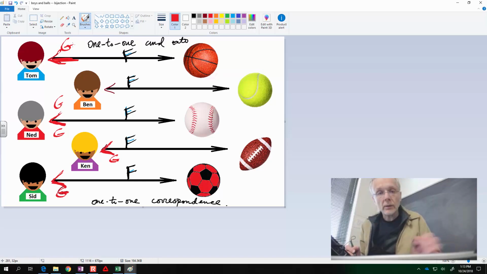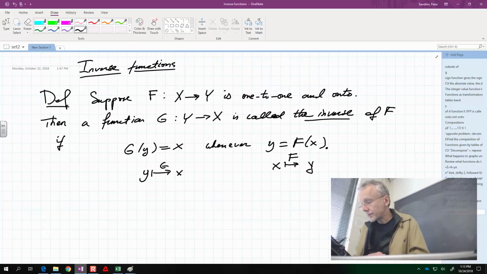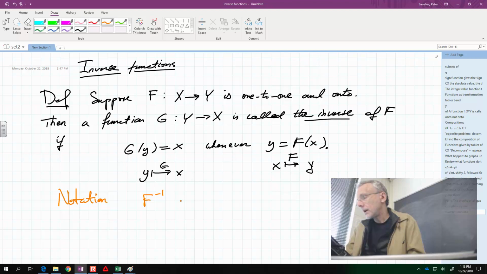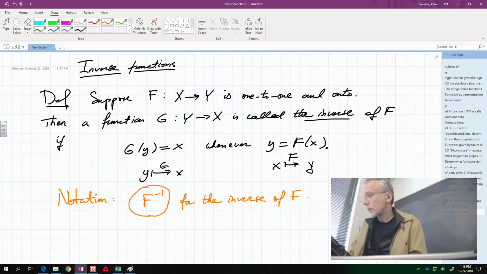Okay, so the notation is f with superscript -1 for the inverse of f. This is certainly ambiguous in the sense that you are used to thinking of it as a power. 2 to the negative first power is what?